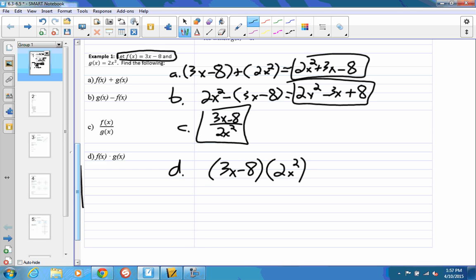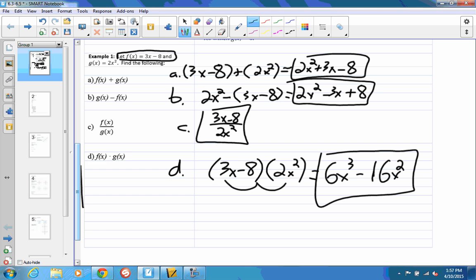Make sure you distribute here, guys. Write it in standard form. So 6x cubed. What's my highest term? 6x cubed minus 16x squared. Good.